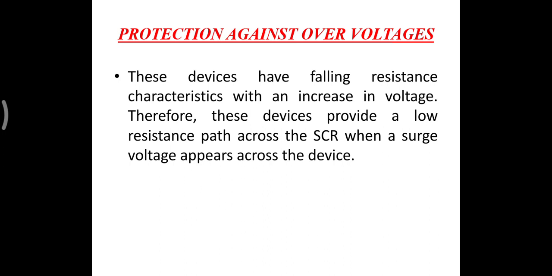By its nature: it has a falling resistance characteristic with increase in voltage. That means with increasing voltage the resistance of these devices is reduced, so it provides a path for the increasing voltages. Then this high voltage does not reach the SCR when these voltage clamping circuits are connected.